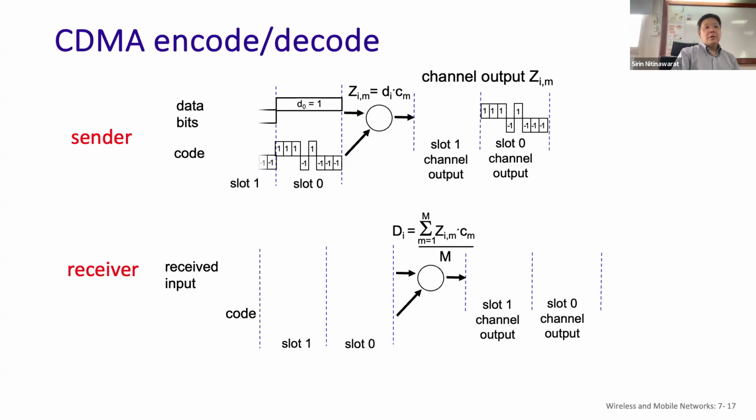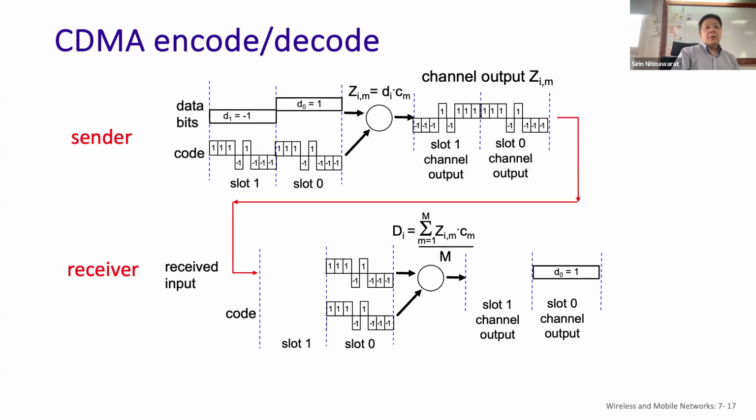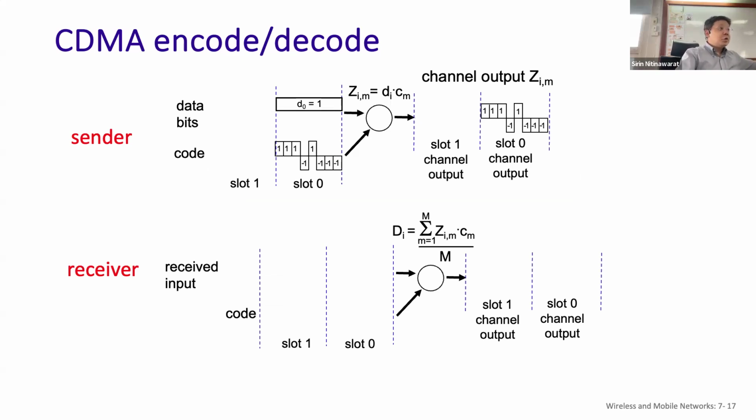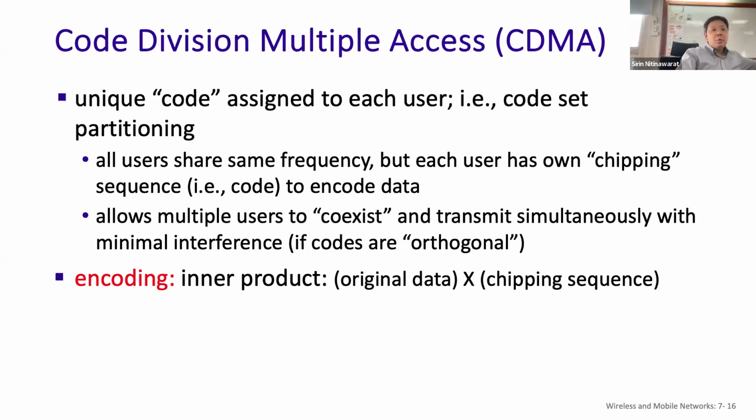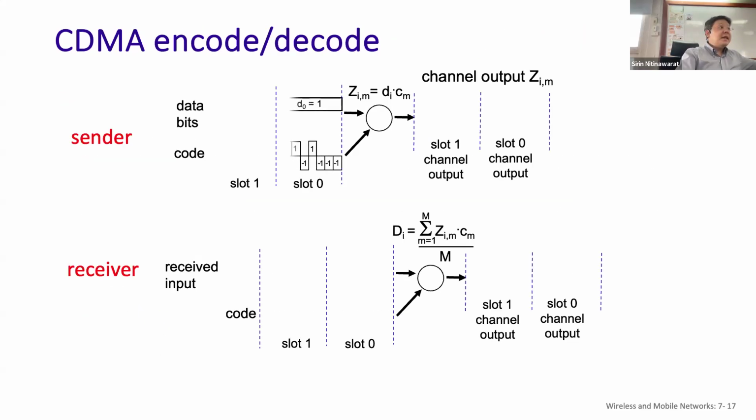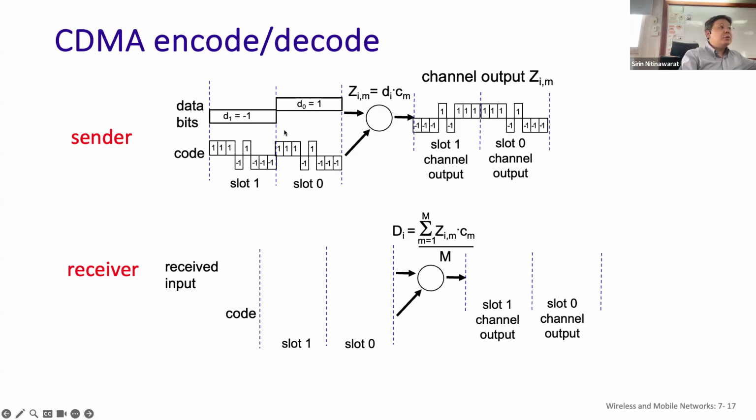Let's just show it for one user first. So in this situation with CDMA, for the fictitious scenario with just one sender and receiver, let's say the sender has some bits to transmit.